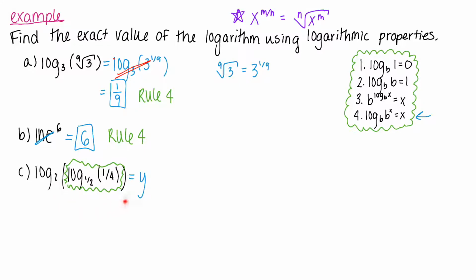So when we go to do from the base across the equals back again, this whole thing is the back again part. So start at the base, across the equals, back again. We could rewrite this as 2 raised to the y is equal to log base 1/2 of 1/4.